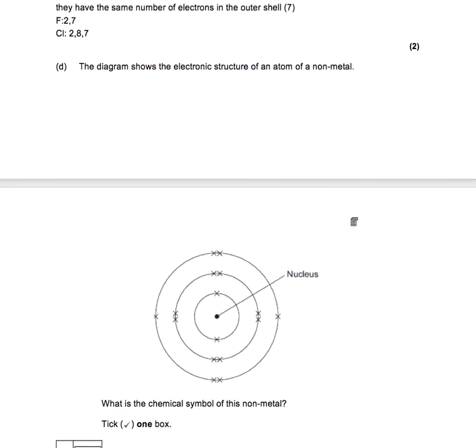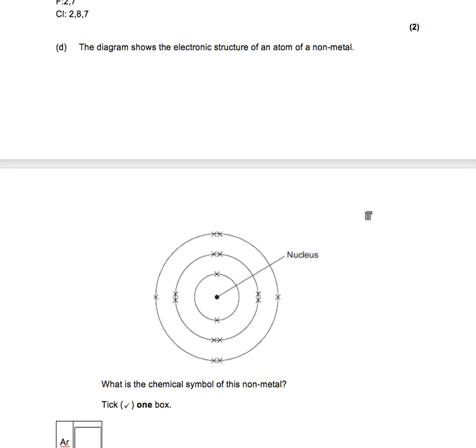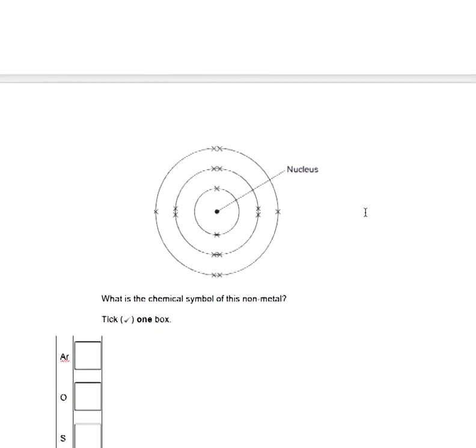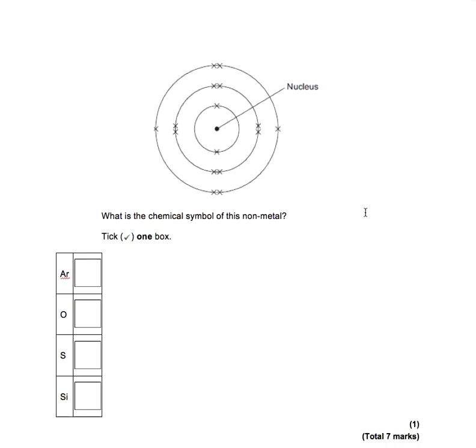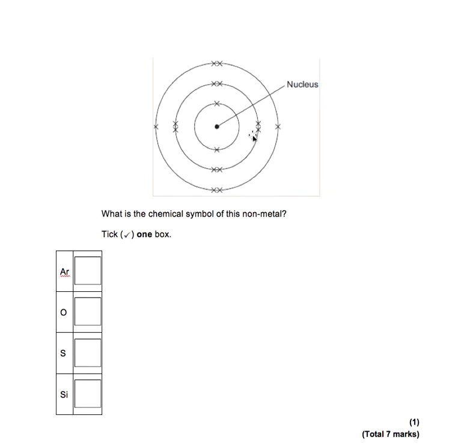In D then, the diagram shows the electronic structure of an atom of a non-metal. What is the chemical symbol of this? Well, we're going to say we've got 2, 8, 6.